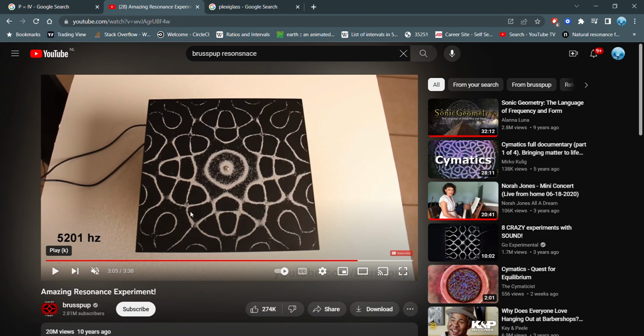And then hook that plexiglass up to a vibrating mechanism like there is in this experiment that'll create standing wave patterns on the plexiglass, and those standing wave patterns are going to form little volumes or little surface areas that channel electromagnetic energy.